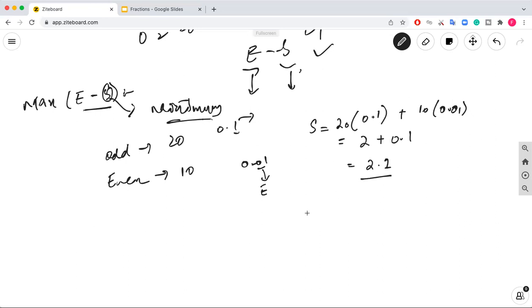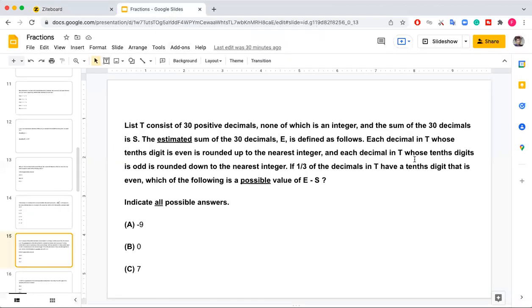Now if we find the estimated value, the question asks whether we round up or round down. For odd we round down, and for even we round up.